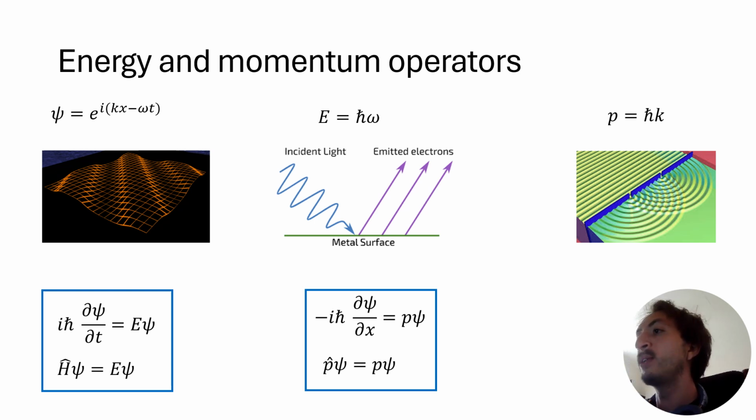Now, I went through that fairly briefly because this is something that is used to derive Schrodinger's equation. If you take your Hamiltonian and your momentum operator, and substitute them for the kinetic energy and momentum of a classical particle, you'll get Schrodinger's equation.